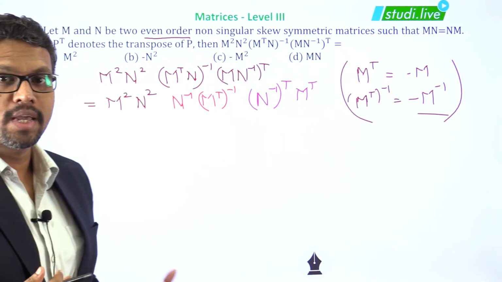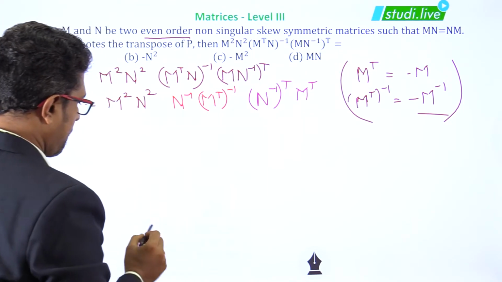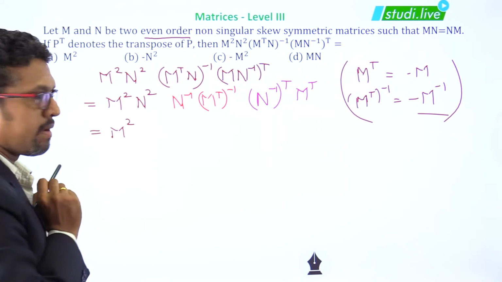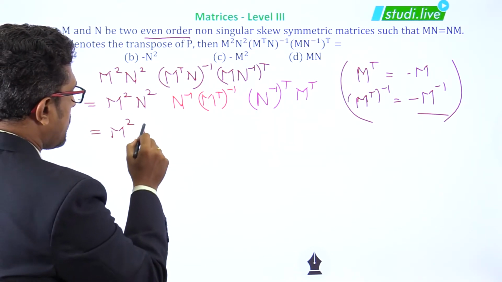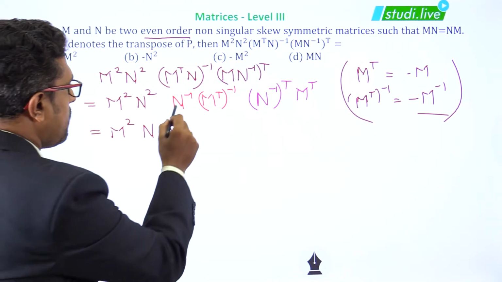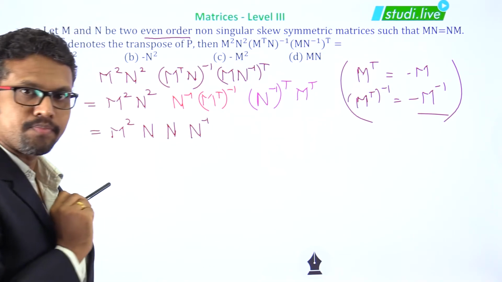This is by applying the reversal law. So this is M square, N square. Now instead of writing N square, I will write it as N into N. And we have an N inverse over here.